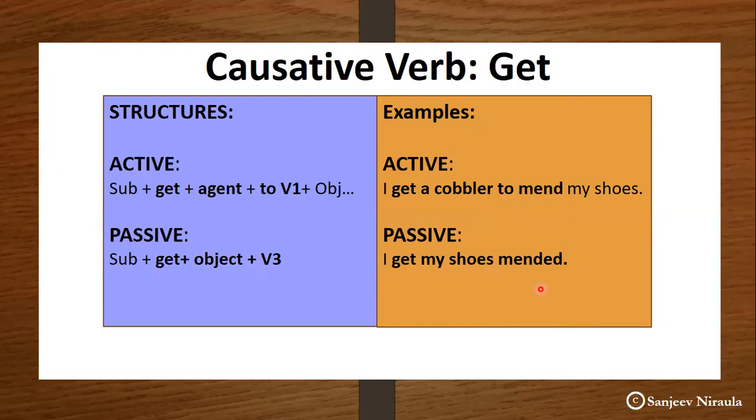We say get somebody to do something, but we say get something done. And the causative verb get can appear in other forms like get, gets, got, getting, will get. But no matter what the form of the verb is, again, we always use this given structure.